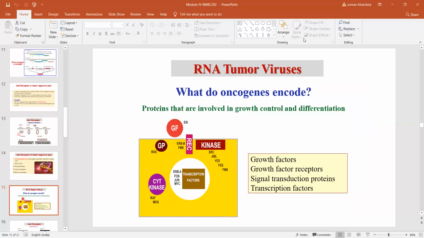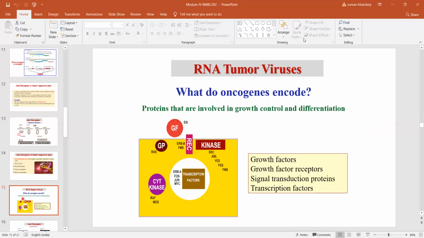And this type of RNA virus, Rous sarcoma virus, the question will come, what does this oncogene encode? So RNA tumor viruses like the Rous sarcoma virus, these particular genes encode some proteins, and these proteins actually control growth, cellular growth or proliferation, and cell differentiation via some downstream protein synthesis.